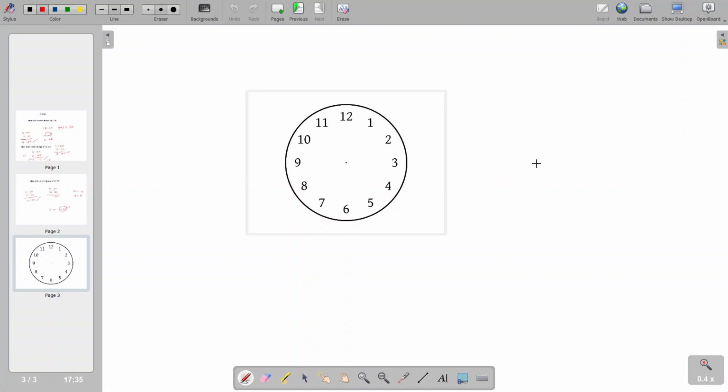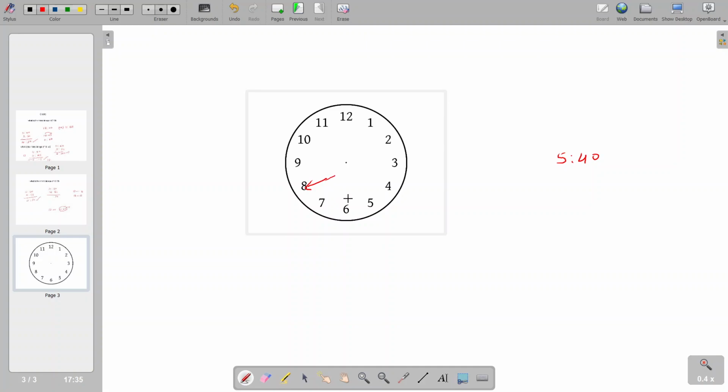So for example, the time is 5:40. Now this is the watch. Where will the minutes hand and hours hand exist? 5 hours 40 minutes means the minutes hand will exist here.